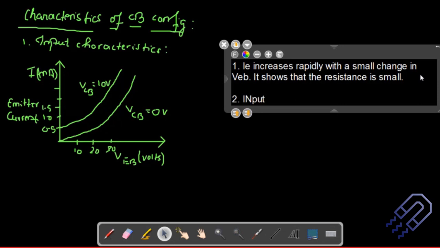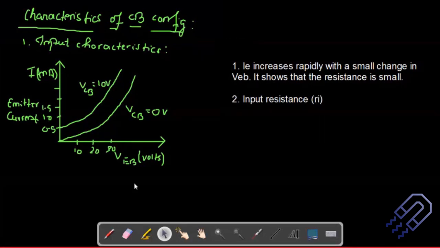How much is the resistance? I'm saying that the input resistance is low, but if you want to really measure it, how much is it? Let me mark the input resistance as Ri. V is equal to IR, so R is equal to V by I. So we look at the change in the base emitter voltage divided by the change in the emitter current IE.